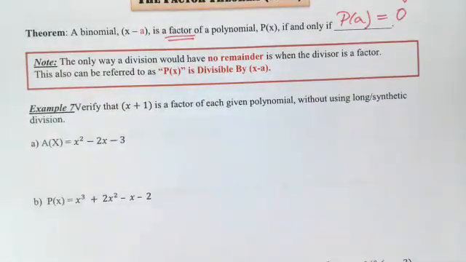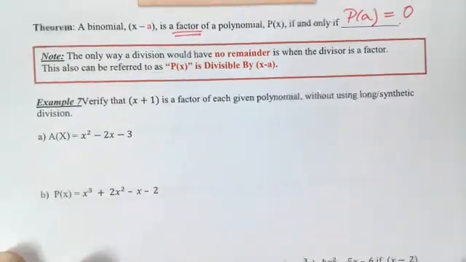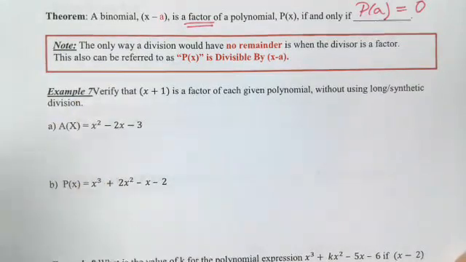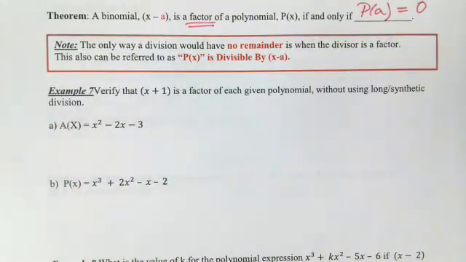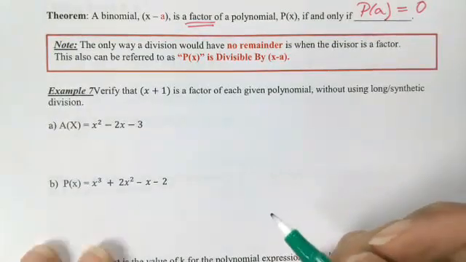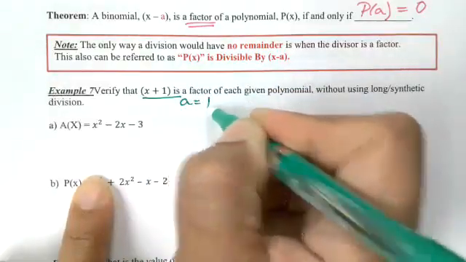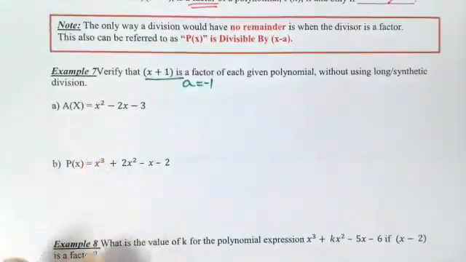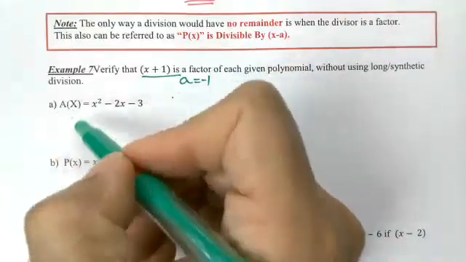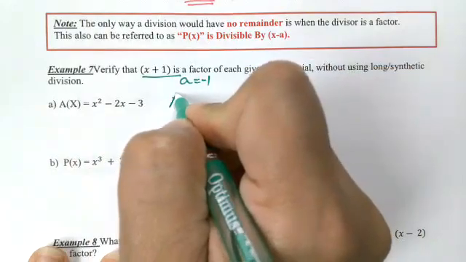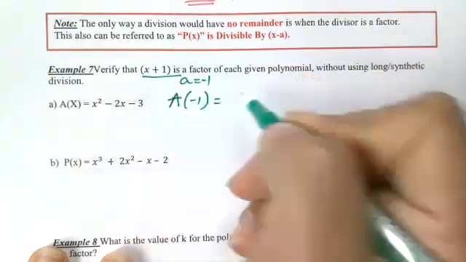Okay, so let's verify that x plus 1 is a factor of each of these given polynomials without using long or synthetic division. So how do we verify for the first one? Well, we have to check -1. We're using a of x for part A instead of p of x, so we have to check a at -1.